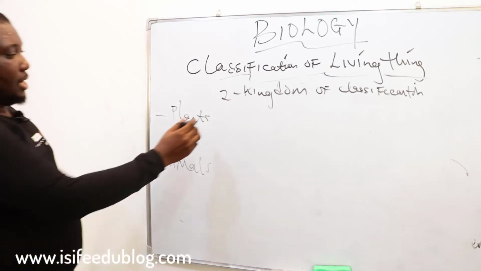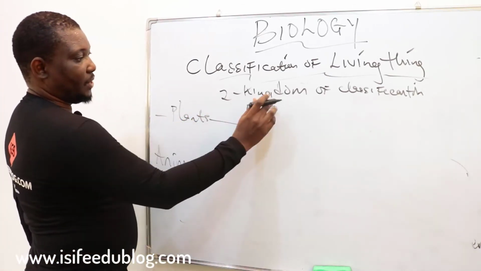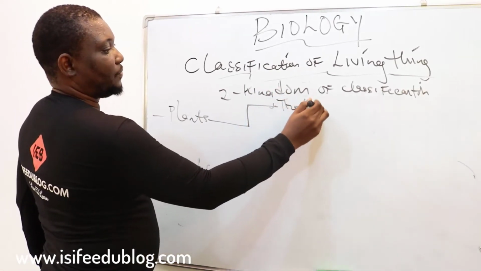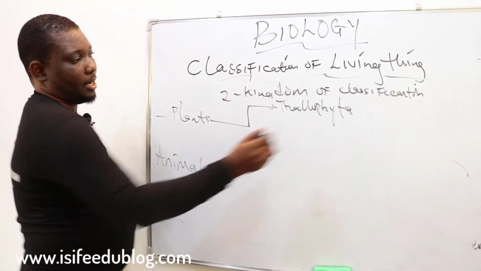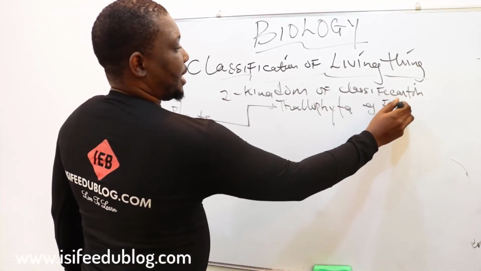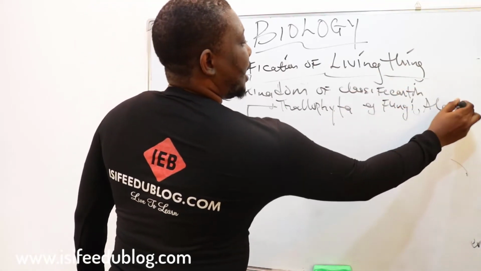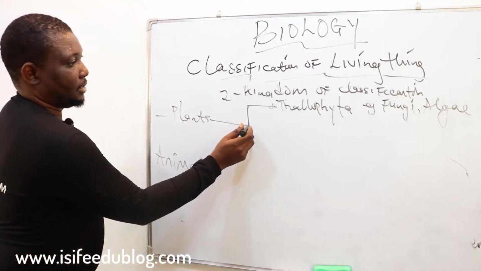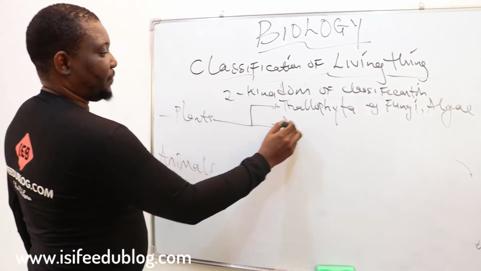All right. In plants, we have the classes or the divisions we refer to as the Thallophyta. Okay. Here we have the likes of fungi. We have also the likes of algae. And this is also followed by the Bryophyta.